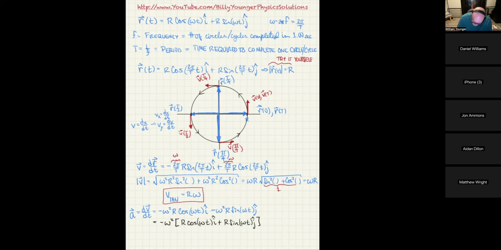So you see that it's literally negative omega squared times r of t. So the way we can graph it is I'm just going to write it and say it's 1.5 squares long. That'll be the magnitude I choose.